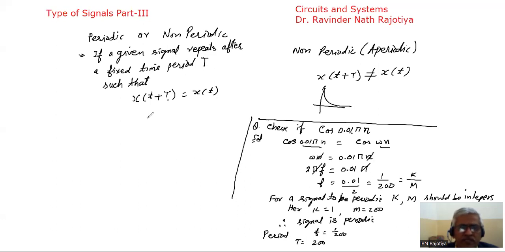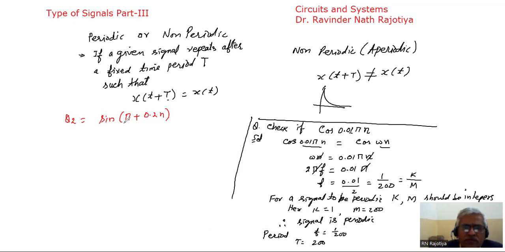The example I take is question number 2. Let's assume that I have a signal as sine of pi plus 0.2 n.